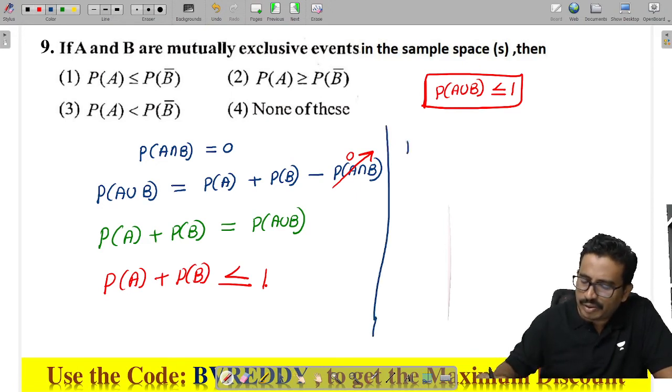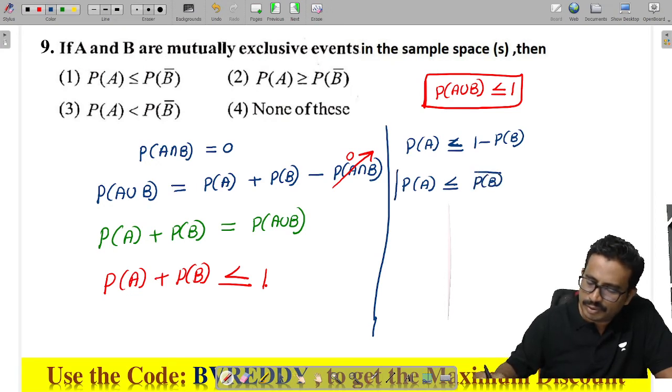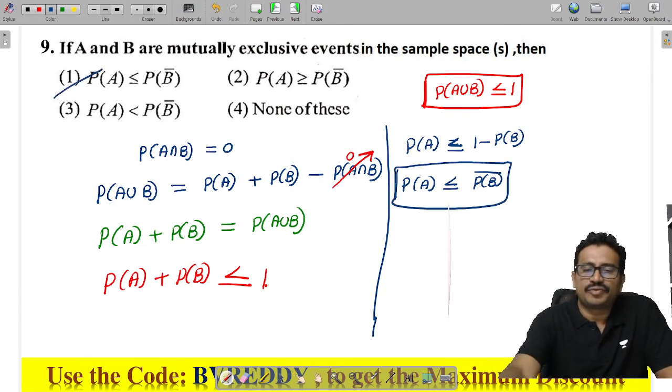So according to the given option, I can rearrange the relation: P of A is less than or equal to 1 minus P of B, which is nothing but P of B bar. So this is a relation. So the first one is correct.